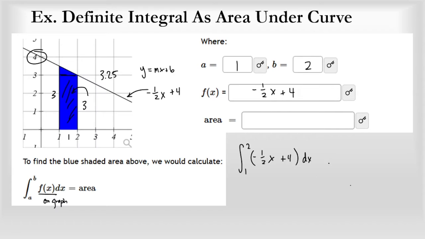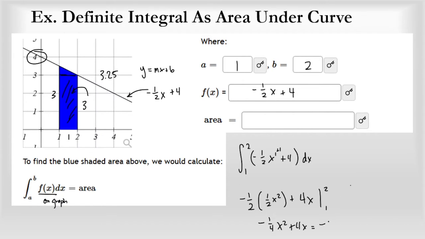Let's integrate it. This becomes 1 plus 1, 2, so I get a negative 1/4. Oh, I told you all not to do that. Negative 1/2 times 1/2 x squared plus 4x. All right, so negative 1/4 x squared plus 4x, and I'm going to evaluate that from 1 to 2. Did I run out of room here?